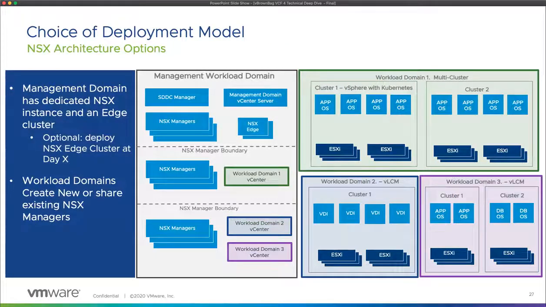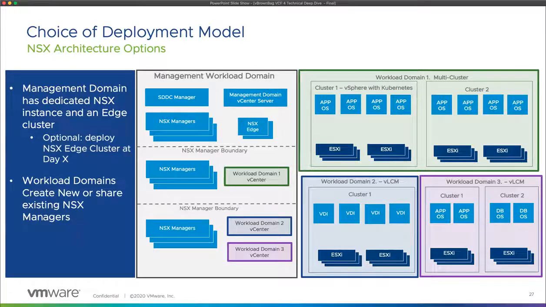So with that deployment model, and this should look very familiar, we have the ability to deploy NSX edges automated through SDDC Manager, either on day 0. In the management domain, we see that pair of NSX edges. Definitely a best practice to have the NSX edges deployed during bring up.